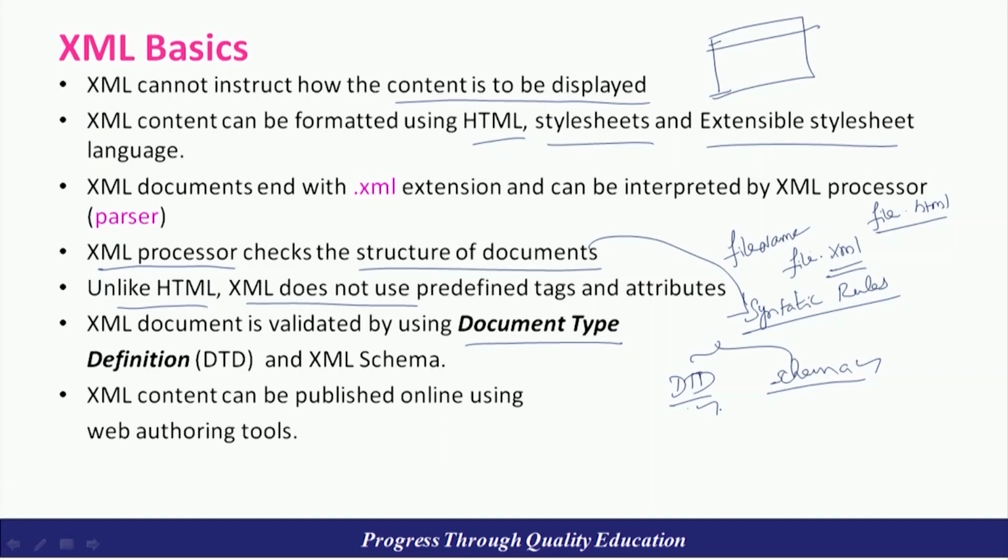We may ask, then what is the purpose of the XML parser? The XML parser is used for checking the format. Actually, it is called a layout. I can say whether the document has a root element, whether the document has followed the hierarchy.